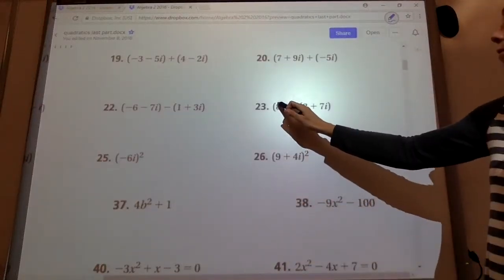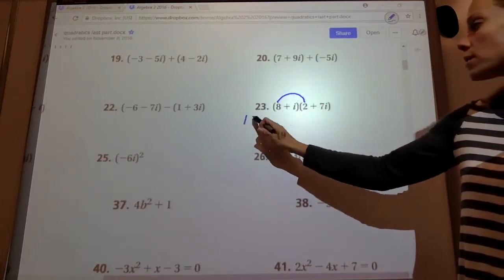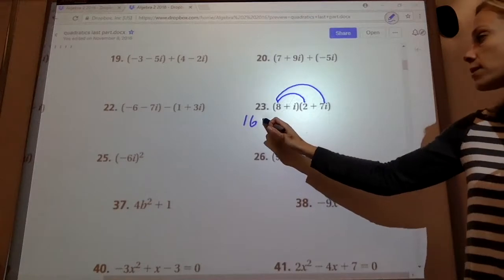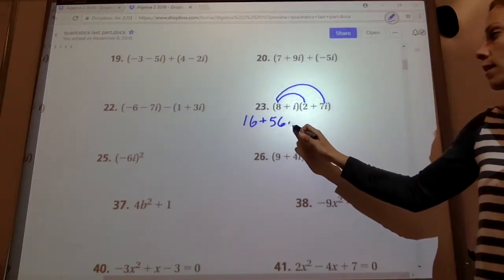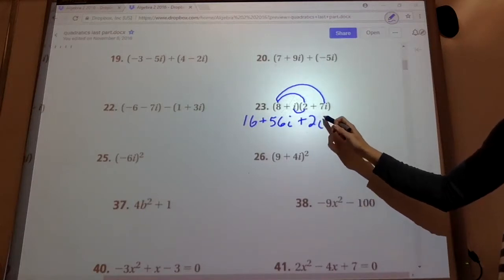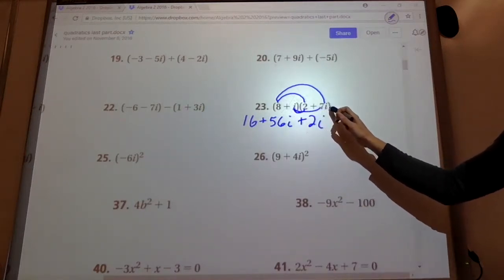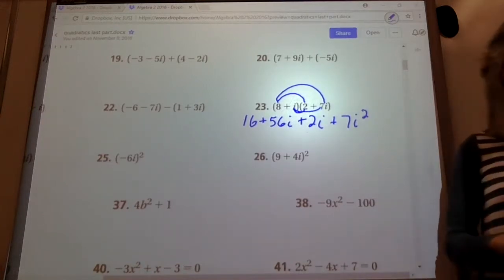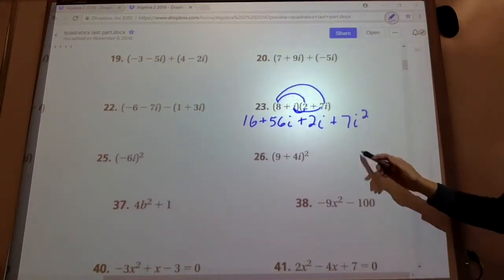Okay, so FOIL. 8 times 2, 16. 8 times 7i, 56i. And then you do this one, i times 2, 2i. i times 7i is going to be 7i squared. But what do we know about i squared?